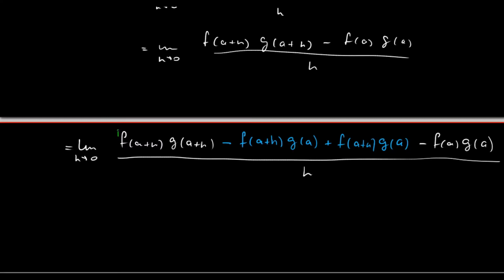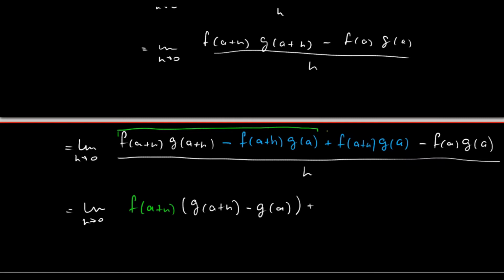So now we're going to take common factor from these first two terms. We have the limit of taking common factor f in a plus h. The first term gives us g in a plus h, and the second one gives us minus g in a.